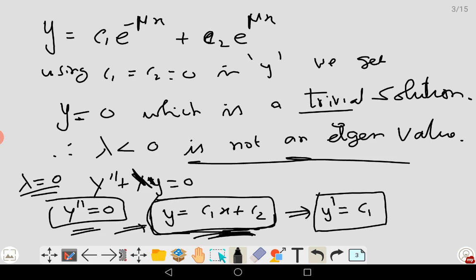C2 will be 0. When you differentiate x, it will be 1. Now boundary condition 1 involves two terms, y of 0 and y dash of 0. What is y dash of 0? Whatever in y dash, the answer is C1.